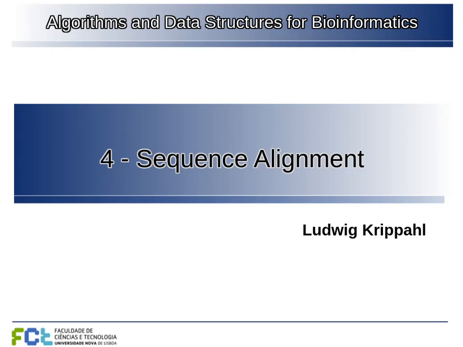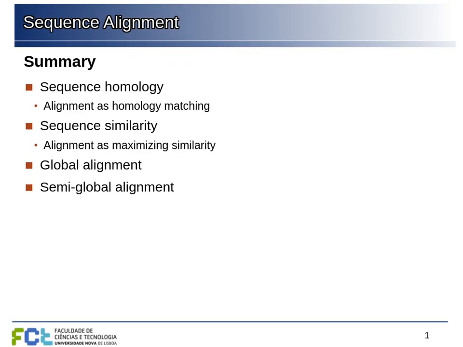In this lecture, we're going to look at one of the most well-known problems in bioinformatics, which is sequence alignment. We're going to see this relation between alignment as maximizing similarity between sequences, which is actually what we're going to do, and the idea in theory of alignment as finding the homologous regions between sequences.